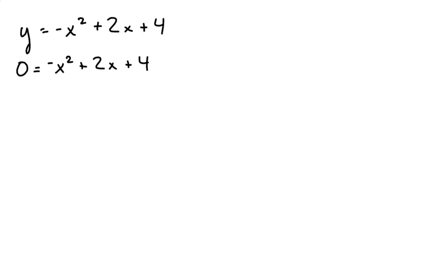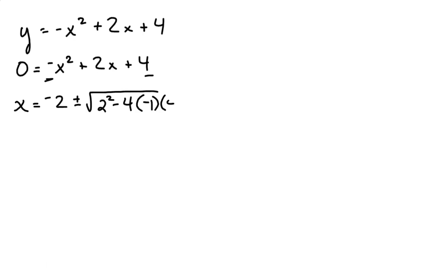I'm not positive that you can factor it, but you can't. It's that simple. So what do we need? Quadratic formula. Negative b, plus or minus the square root of b squared minus 4 times a, which is negative 1, times c, which is 4, all over 2 times a.